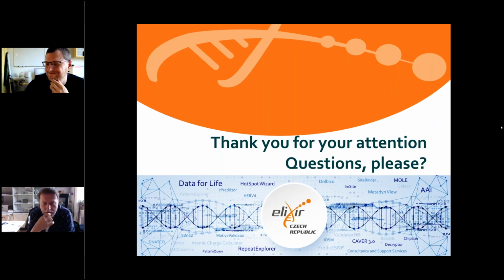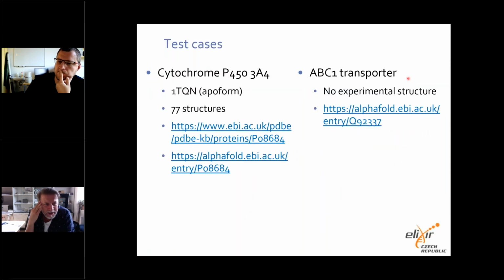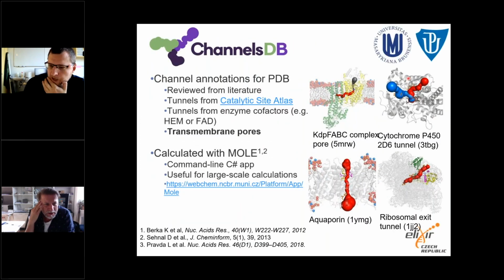One more question. So you said that most of the tunnels are located in enzymes, or 65% of them. So how do you interpret the tunnels in non-enzymatic proteins? What are they for? They usually are for the movement of ligands inside the structure.